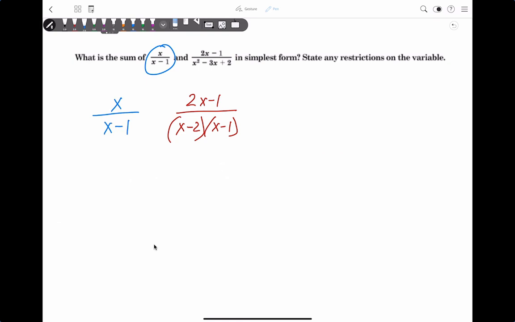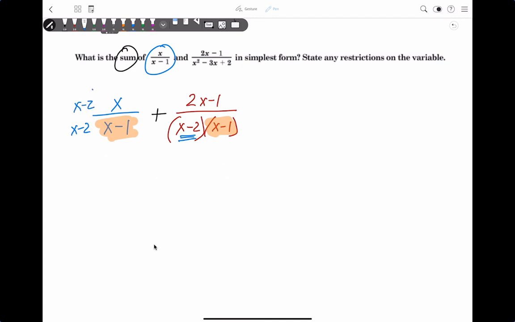Okay, and we're looking at the sum. So we're going to be adding these two fractions. And now I want to see, what does the common denominator look like? Well, these are the same. But this first fraction is missing an x minus 2 here. So I'm going to create a form of 1.